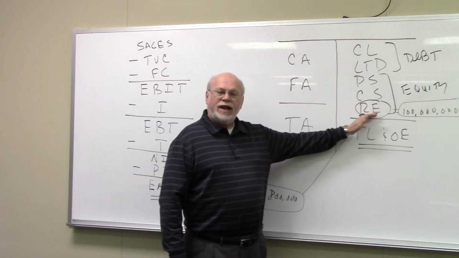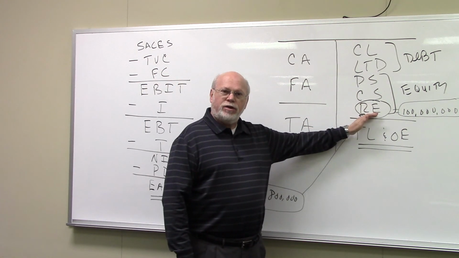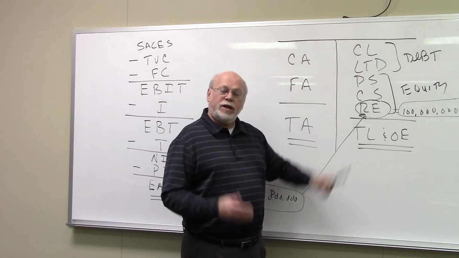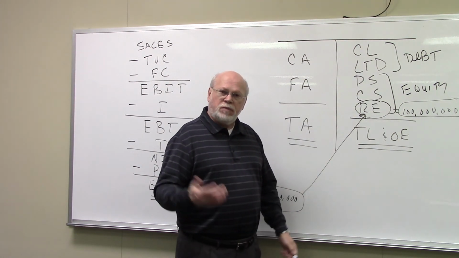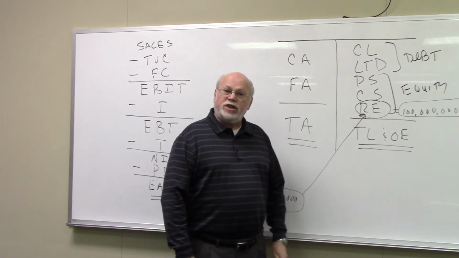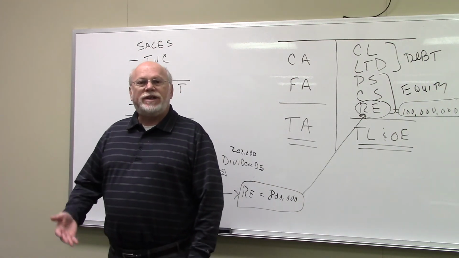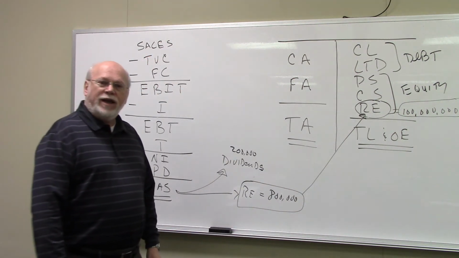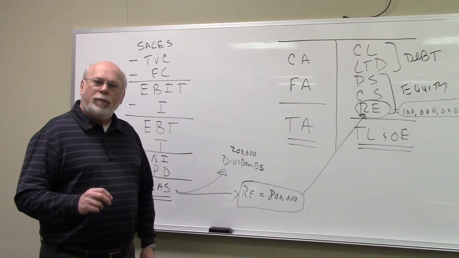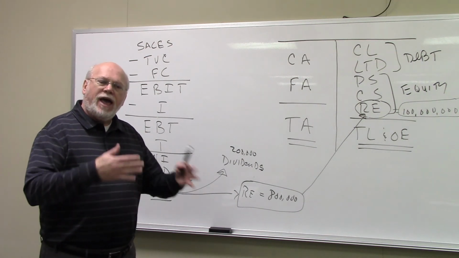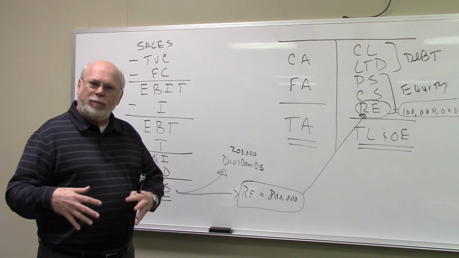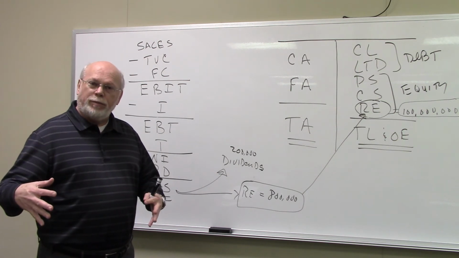If retained earnings goes up by $800,000 and long-term debt goes down by $800,000, again, the balance sheet balances. That's retained earnings. And retained earnings shows you how much the owners of the company have retained, have kept in the company over the life of the company.